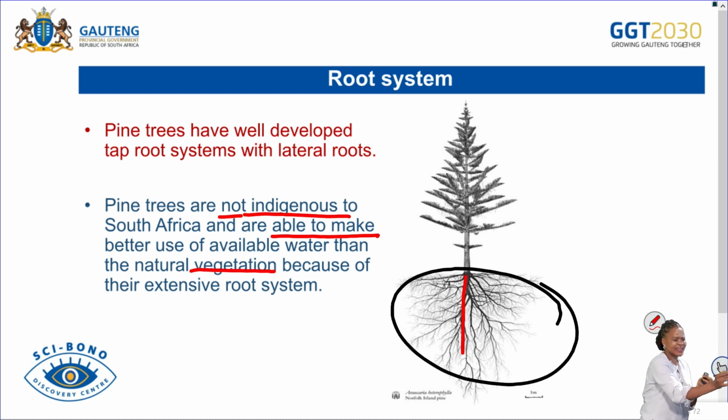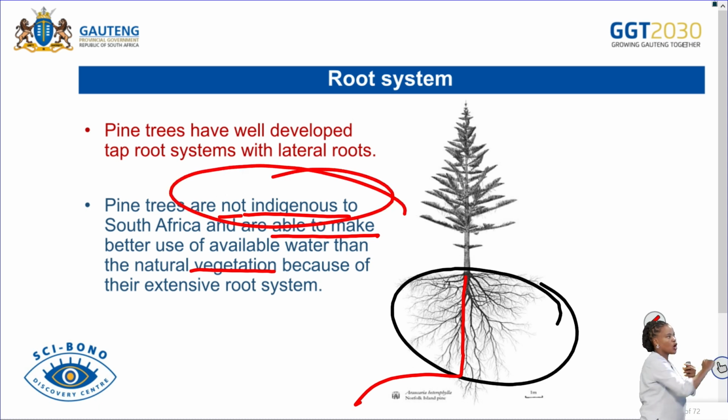Root systems. So in other words, their root systems are penetrating even deeper and deeper, so they are able to do what? To take all the available water. That's why they will always be forever what? Forever green, because they take more water as compared to the indigenous natural vegetation. Why? Because they are not indigenous in South Africa.